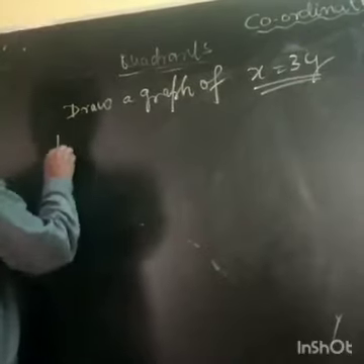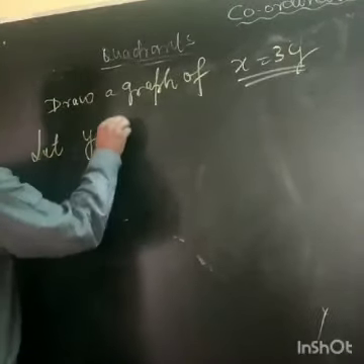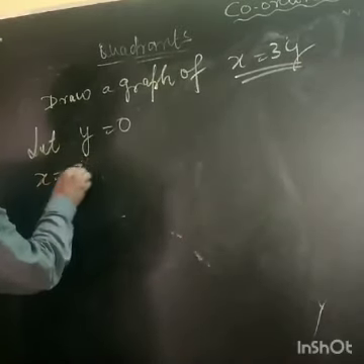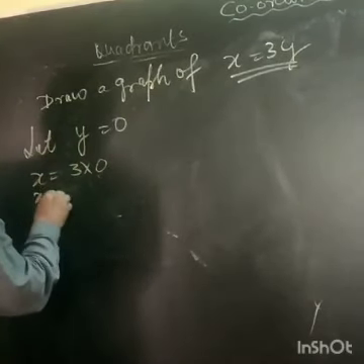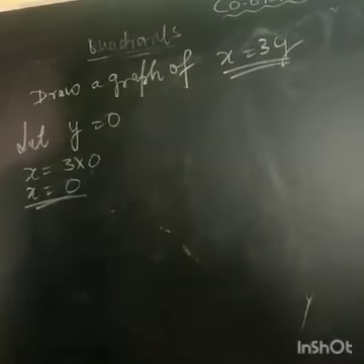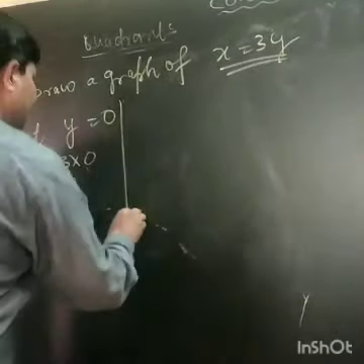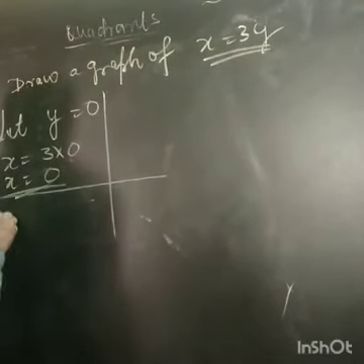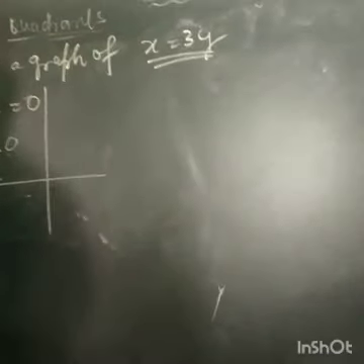How? Here you will substitute the value of y, and we will keep getting the value of x. Let y = 0, then x = 3 into 0, x will also be 0. If y is 0, then x is also 0. Second, let y = 1.